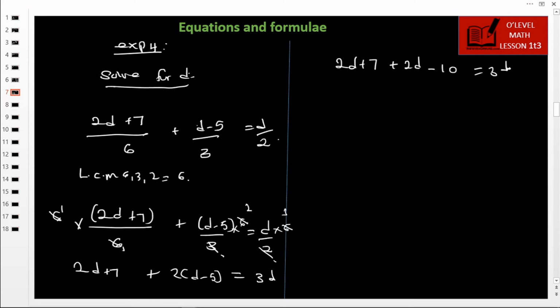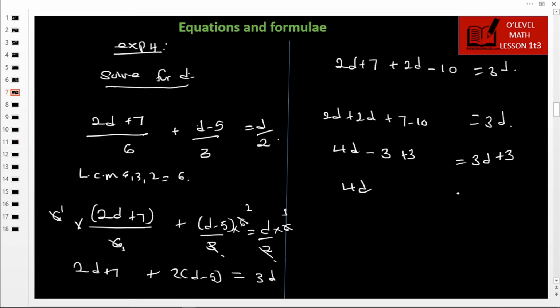This is giving us 3D. So we collect like terms, 2D plus 2D, plus 7 minus 10 is equal to 3D. So what are you having here? 4D minus 3, because 7 minus 10 is negative 3, is equal to 3D. So plus 3, then plus 3 this way, we are having 4D is equal to 3D plus 3.